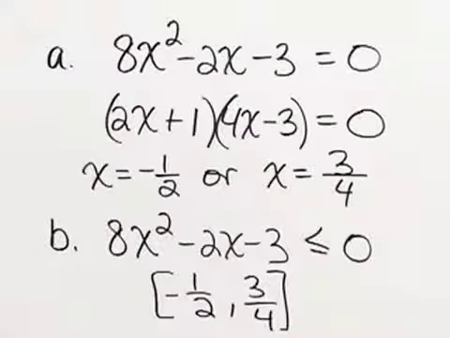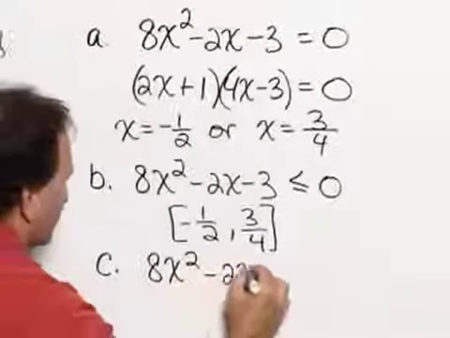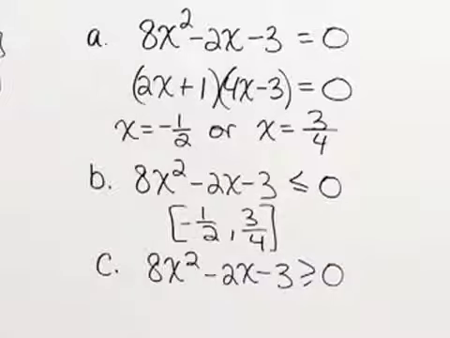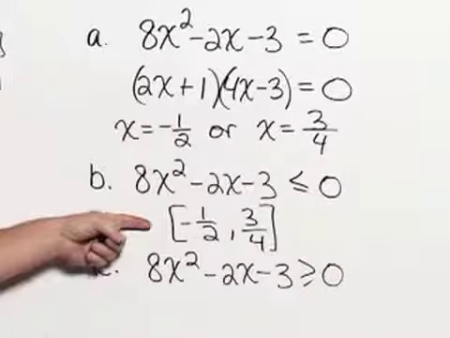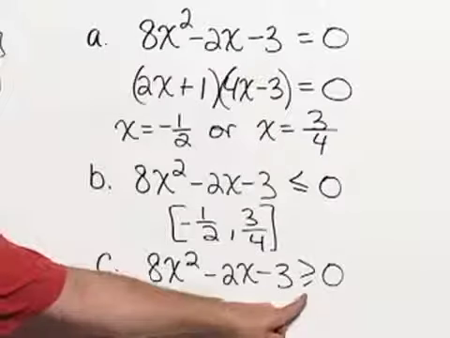Now for part C, we are supposed to solve 8x squared minus 2x minus 3 is greater than or equal to 0. Well, knowing what we now know from solving part B, the graph opening up means that we're interested in where it is above the axis.